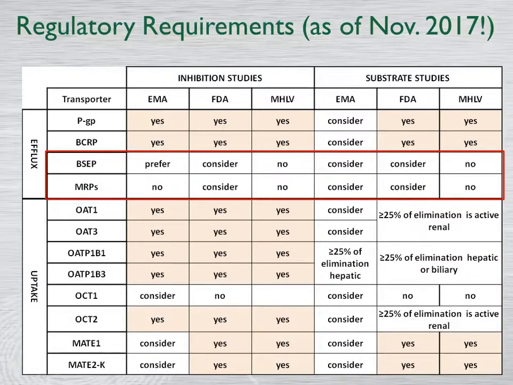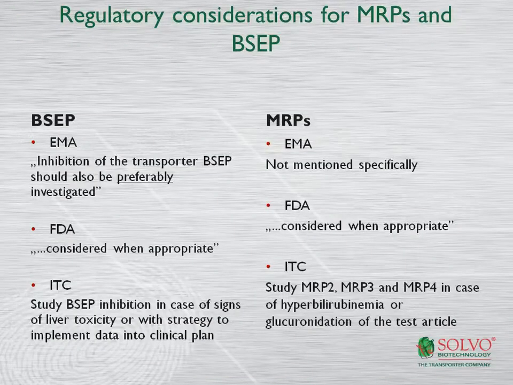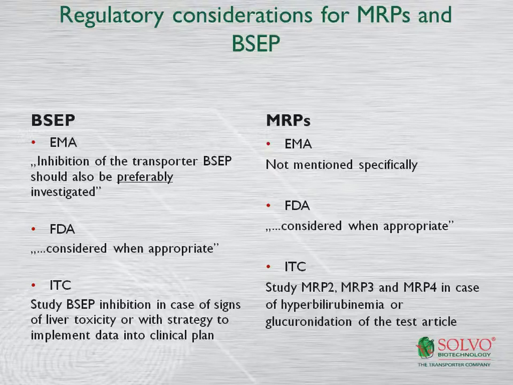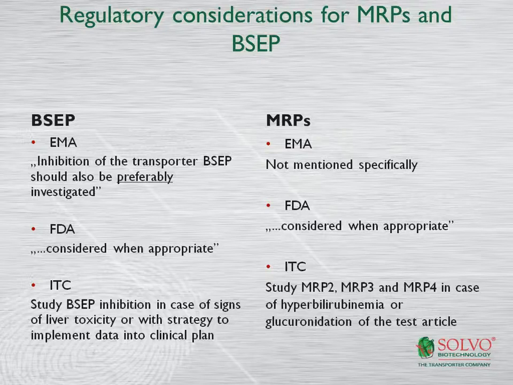Let's go ahead. Now I want to focus on BSEP and MRP2, which are either considered or not considered, and that's why I just want to give a short overview. The EMA just writes that they prefer assessment of BSEP. I think if an in vivo model, for example a mouse, shows that there may be an effect on biliary secretion, then of course BSEP needs to be characterized.